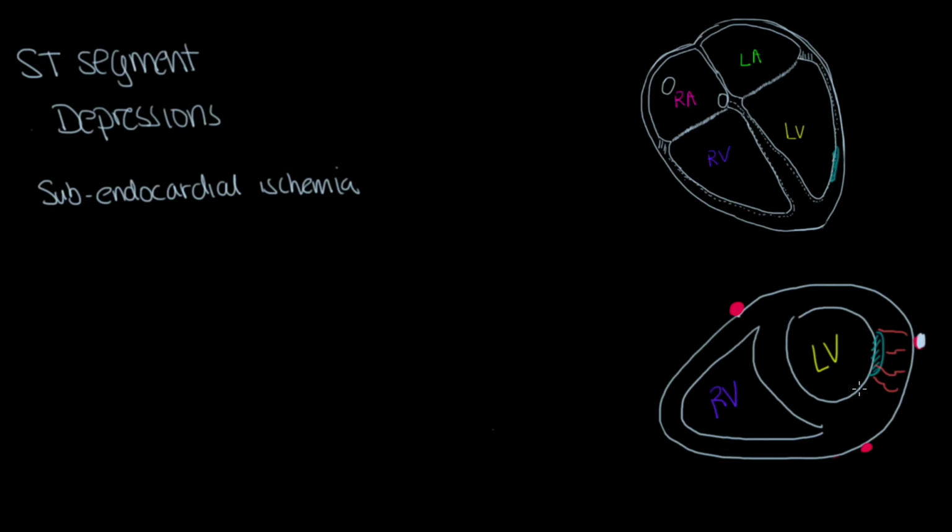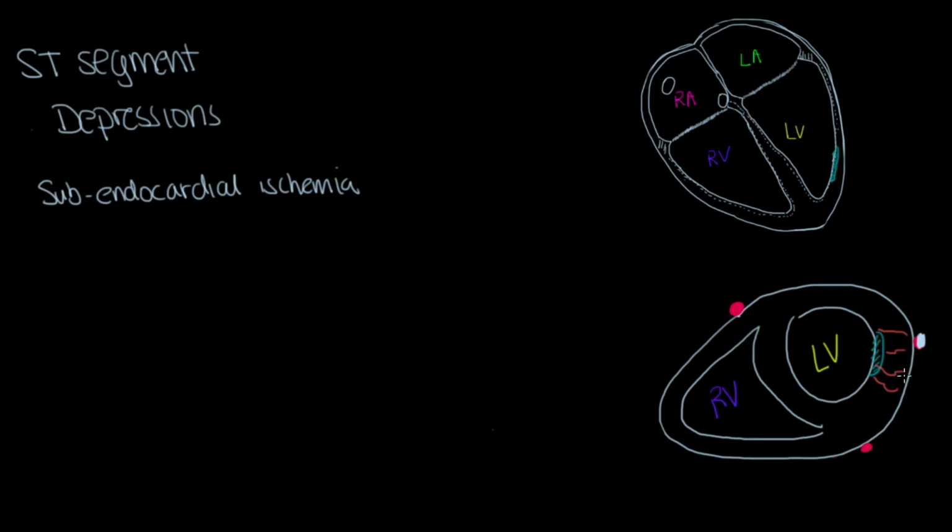Now, besides the distance issue, the second reason why this subendocardial area is susceptible to ischemia is that the subendocardial tissue is getting the brunt force of the entire ventricle. All the muscle here is creating a huge pressure right on this area to squeeze the blood that's inside the left ventricle.